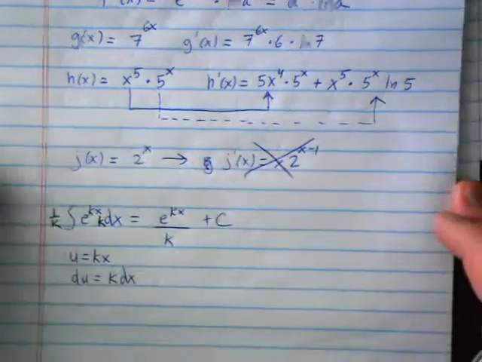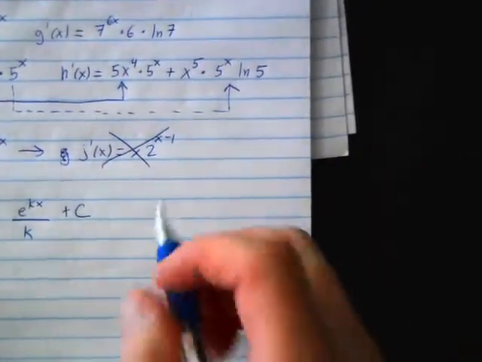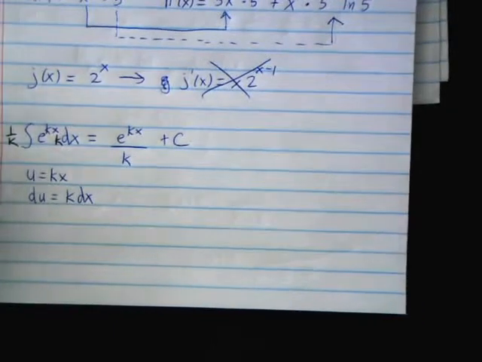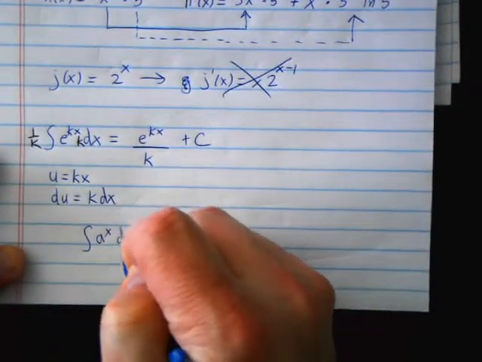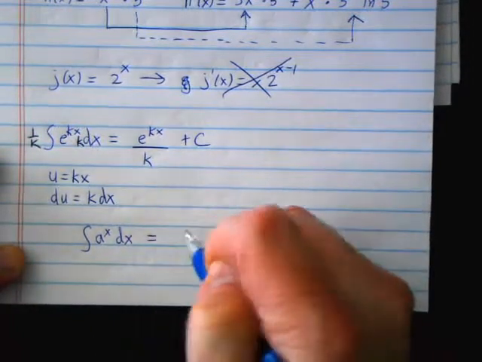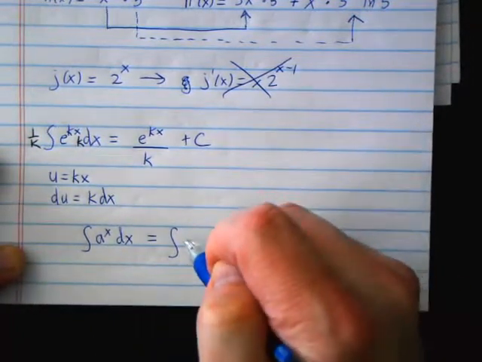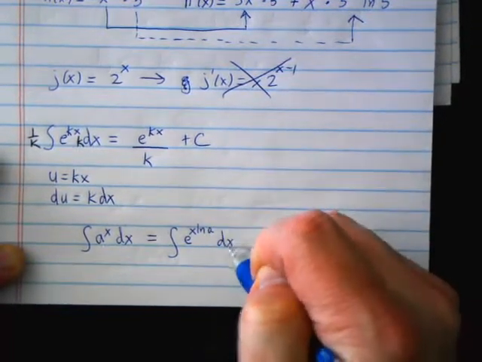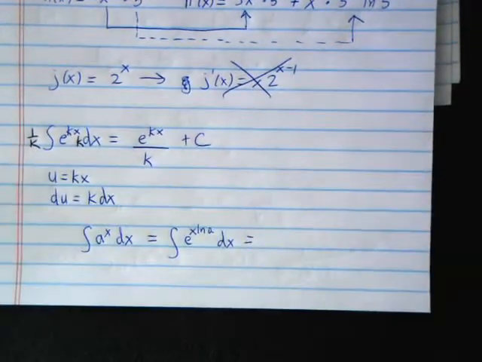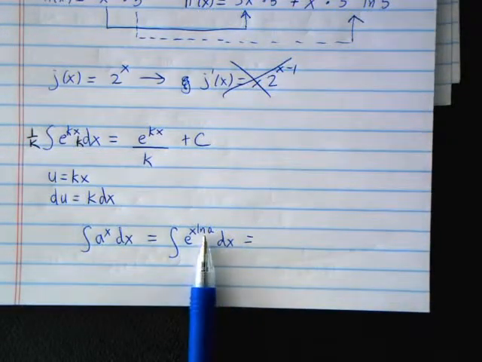Well, the reason I bring that up is look at what we have. If I want to find the antiderivative of a to the x dx, I can write that as the antiderivative of e to the x ln a. Where once again, what is ln a? It's a number, so it fits this pattern.